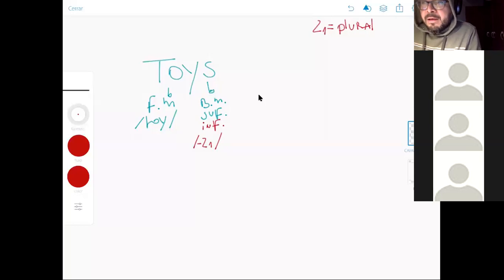Are there any other Zs? Yeah, there are two more. I also have Z2, which means third person singular in present simple.